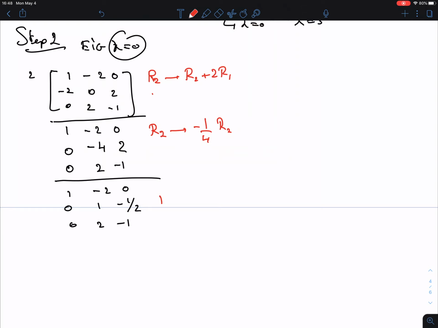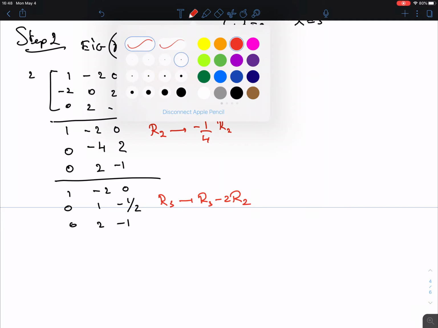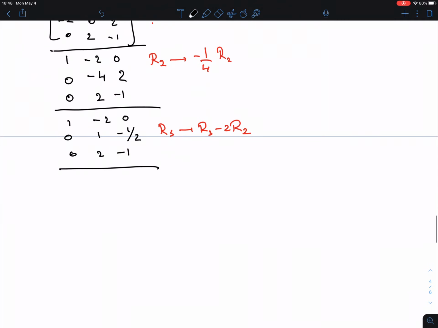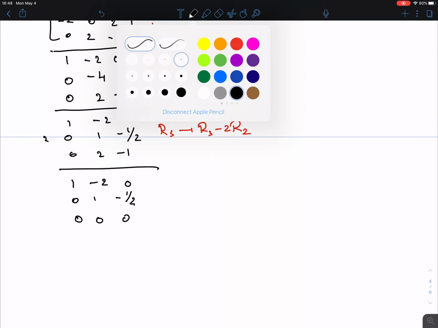That's a good thing, because if I now do row 3 minus 2 times row 2, I get 1, negative 2, 0, 0, 1, negative a half, and if I multiply this with 2 and subtract, I get 0 there, and I get 0 there. Great. So we have already our pivots.